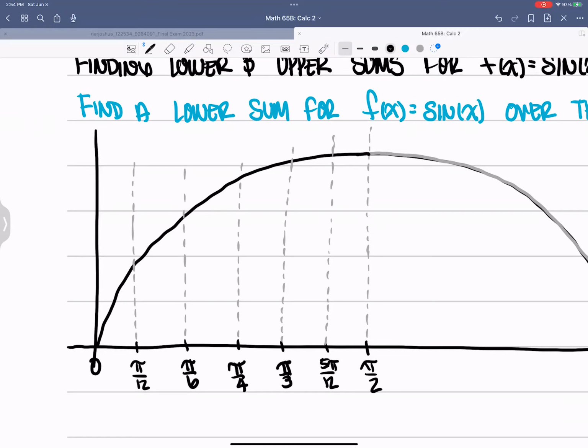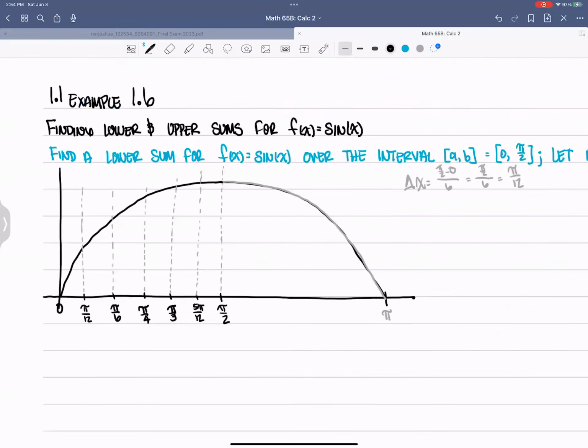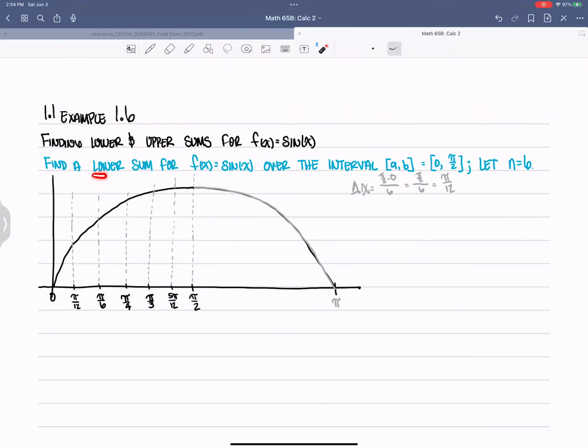All right, so we have our stuff broken up here, and let's get a recap of what they want us to do. Find the lower sum. Not bad, because at this point it's still lower on the left side, lower on the left side here, lower on the left side here. The only time it would be lower on the right side is on this part of the graph. So we're just going to use the left all the way through.